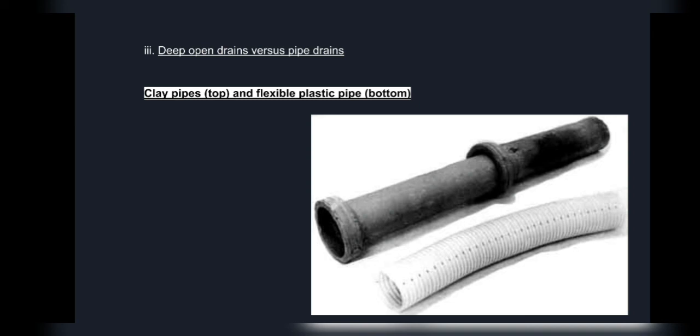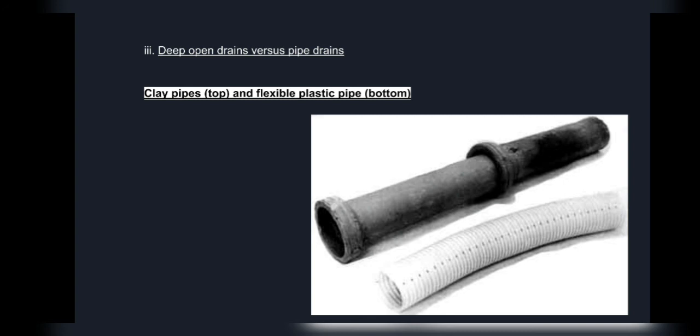Open drains use land that otherwise could be used for crops. They restrict the use of machines. They also require a large number of bridges and culverts for road crossings and access to the field. Open drains require frequent maintenance like weed control and repairs.